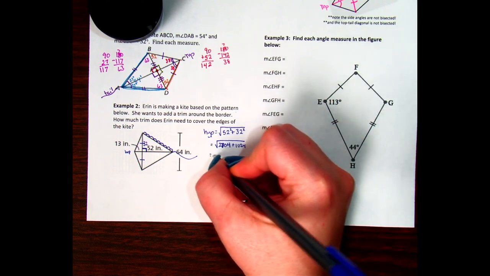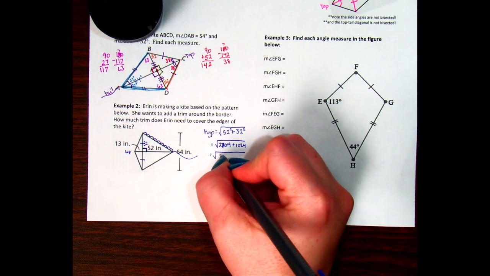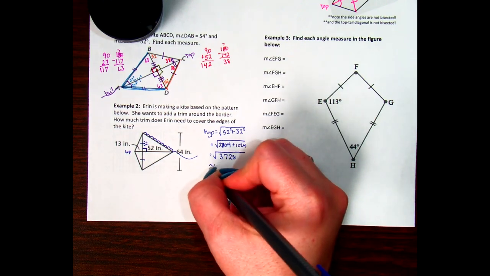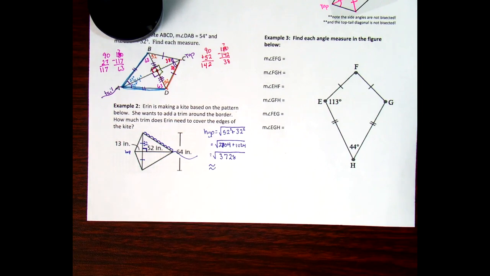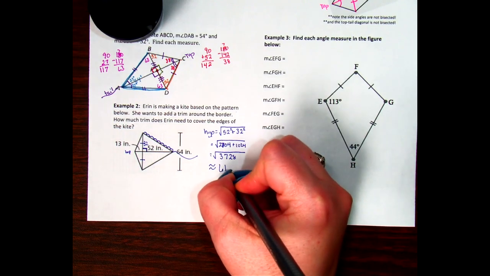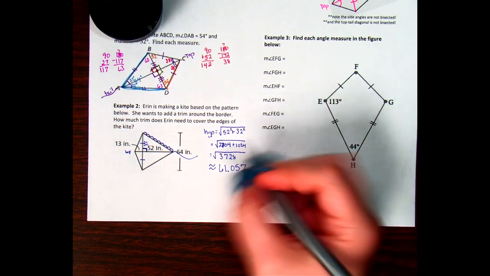So that's going to be the square root of 2,704 plus 1,024, which is 3,728. I'm going to round to 3 decimal places. The square root of 3,728 is about 61.057 if I round correctly, and these are inches.